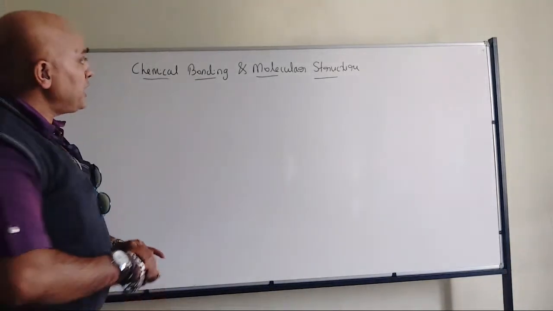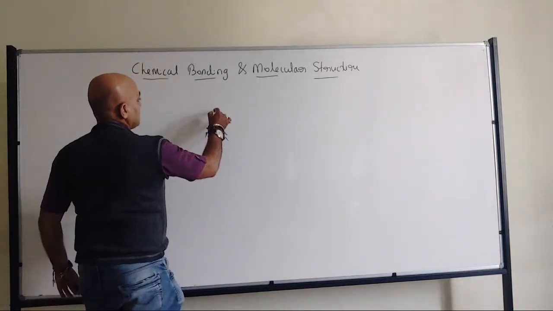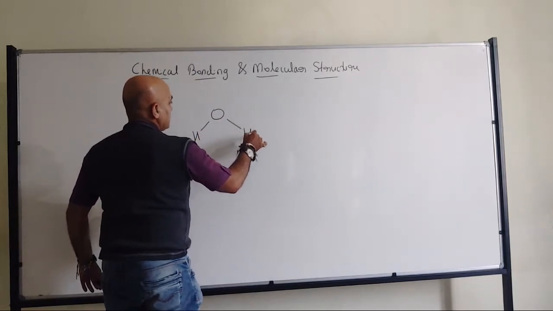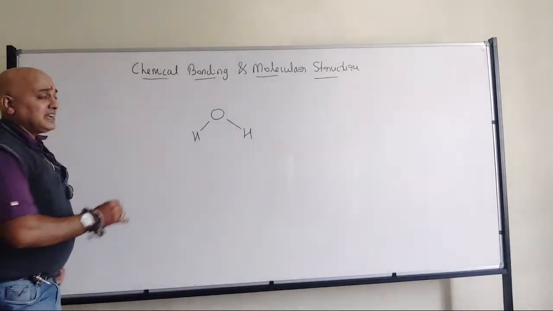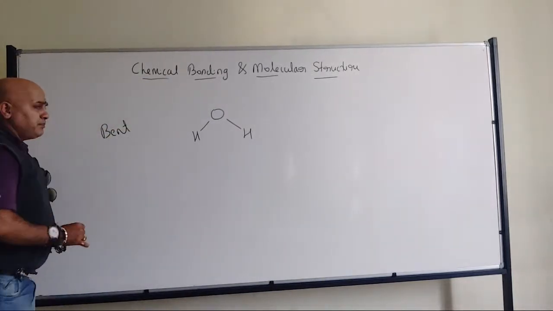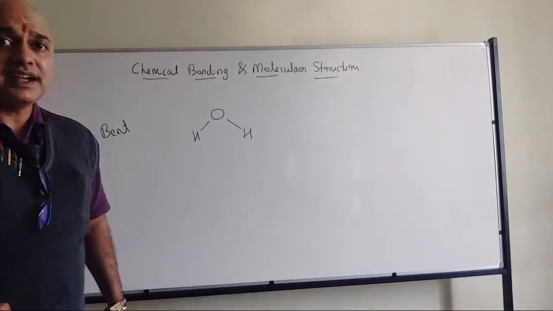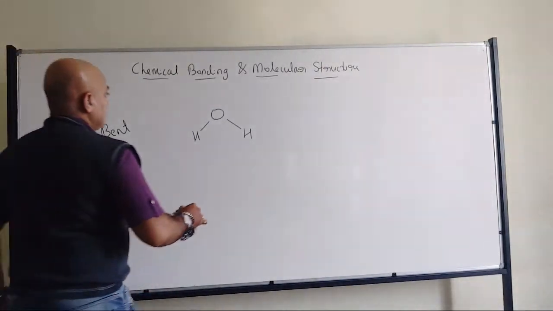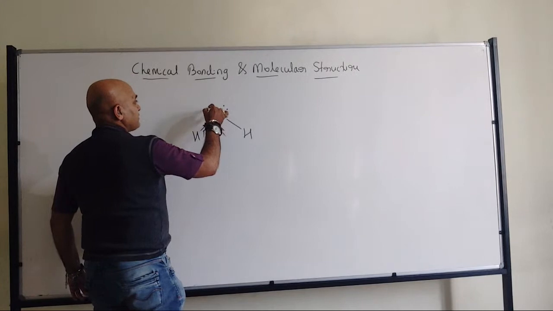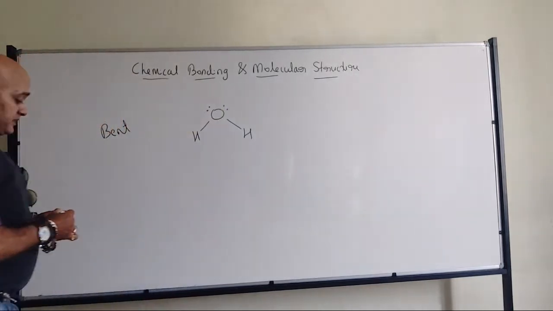So when I am talking about water, water has a bent structure. Anyway, in detail I will go into VSEPR theory in tomorrow's class. It has a bent structure due to the presence of two lone pairs of electrons on the oxygen.